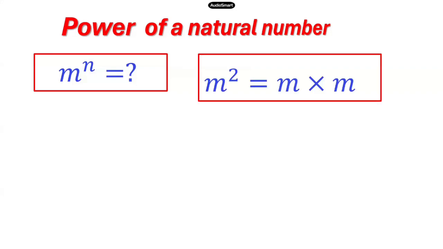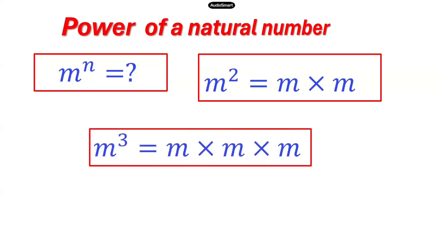So first, let's say n equals 2, and m to the power 2, which is also read as m square, is equal to m multiplied by m. For example, 2 square will be 2 multiplied by 2, which is 4.